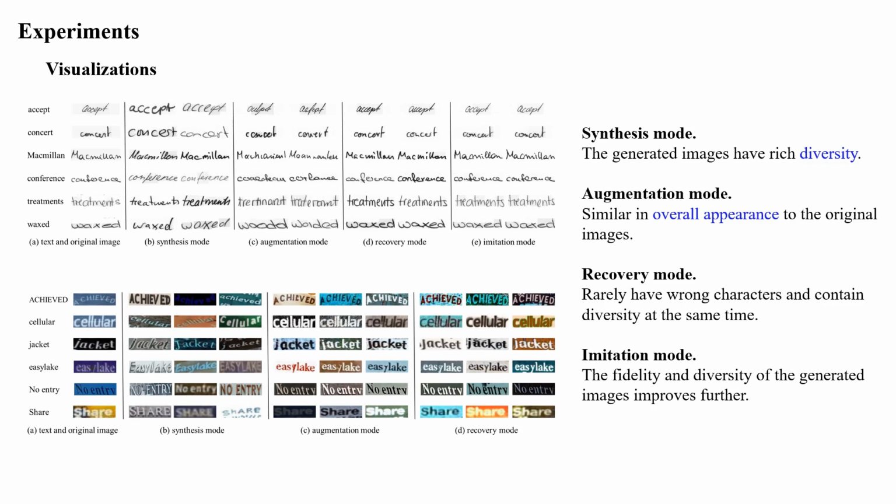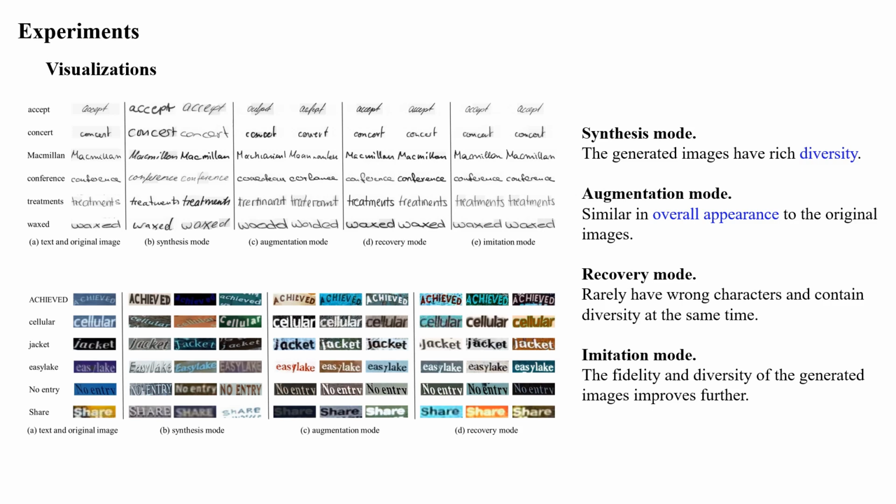Correspondingly, the image condition is more critical for the fidelity of the generated images. In augmentation mode, we find that the generated images are similar in overall appearance to the original images, but part details are lost in the specific characters. Images are more likely to generate wrong characters when the image condition is used solely.